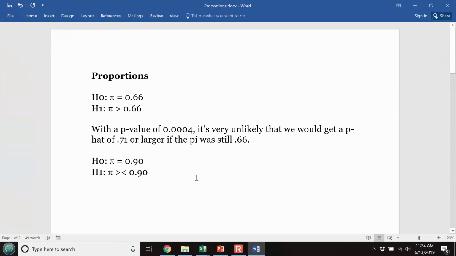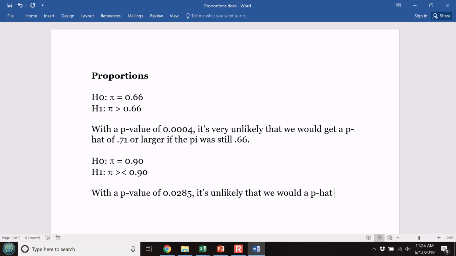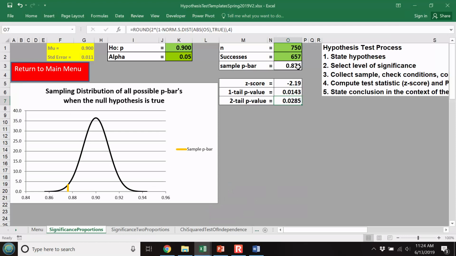So we're not going to, again, completely state a conclusion, but I'll start a conclusion. With a p-value of 2.85%, it's unlikely that we would get a p-hat of, what was our p-hat again? 0.876.